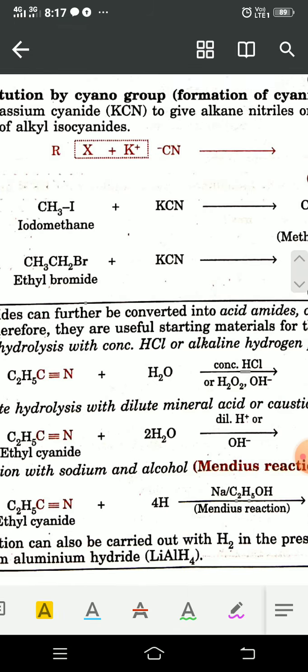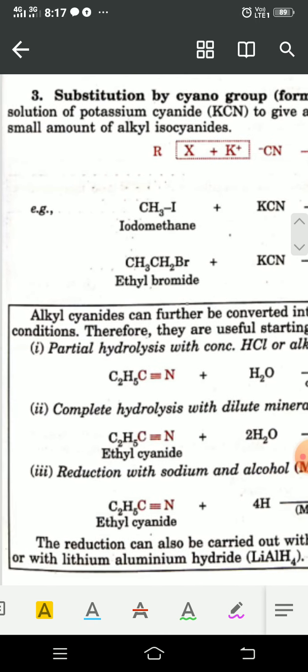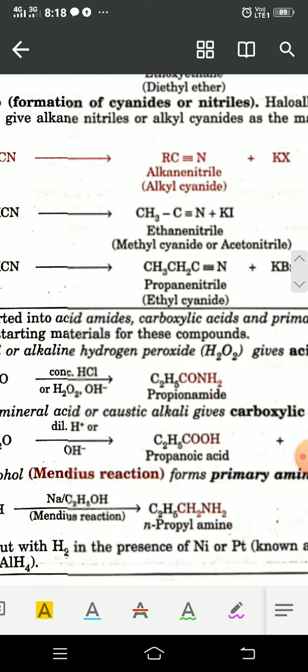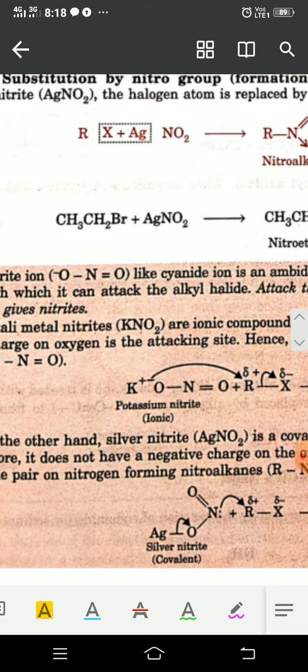These are examples of different types of nucleophilic substitution reactions.